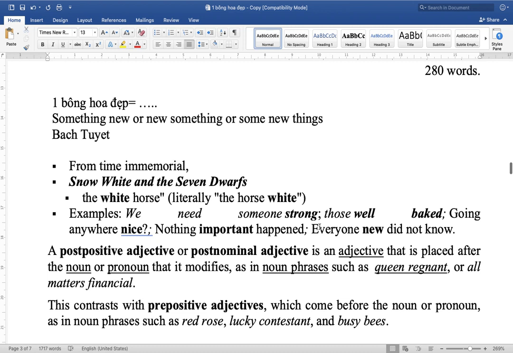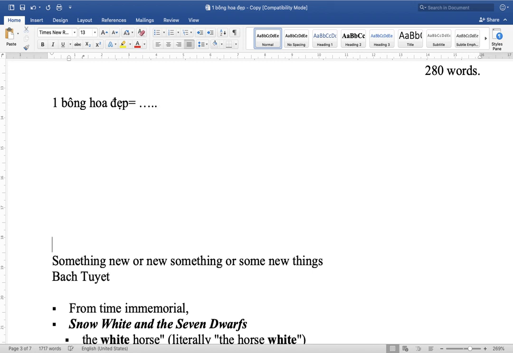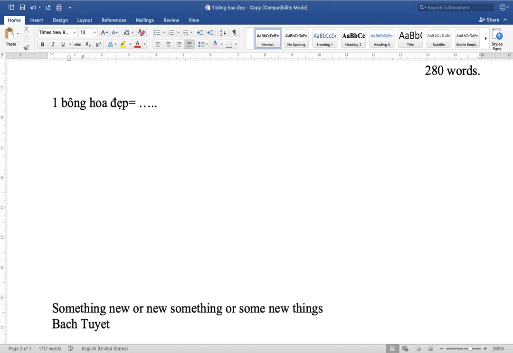Okay, now some interesting adjectives to use in your writing. In Vietnamese, we have a phrase "mọc bông hoa đẹp." So how can we say that? Can we write it in English? Are beautiful flowers, right?